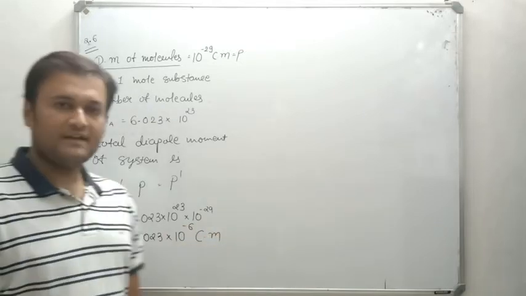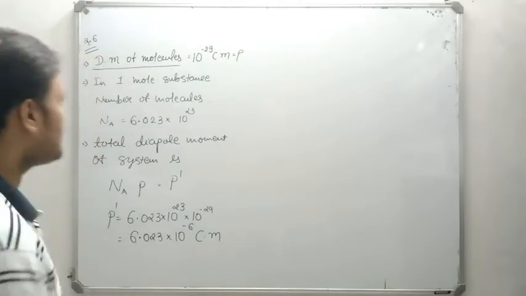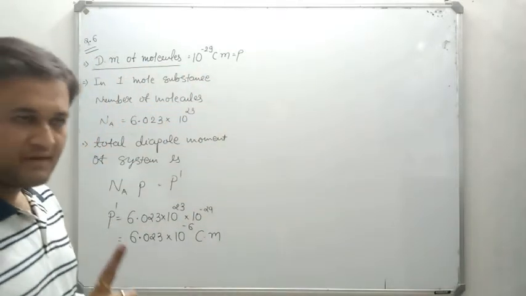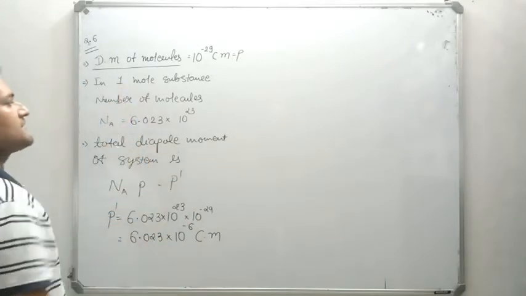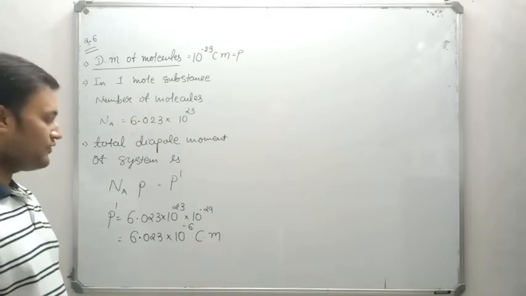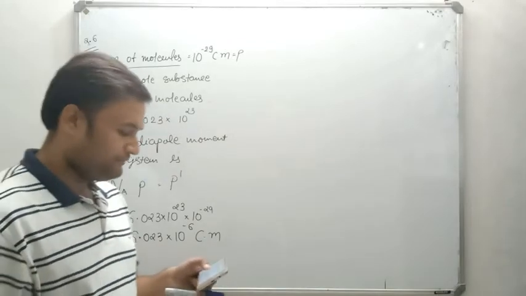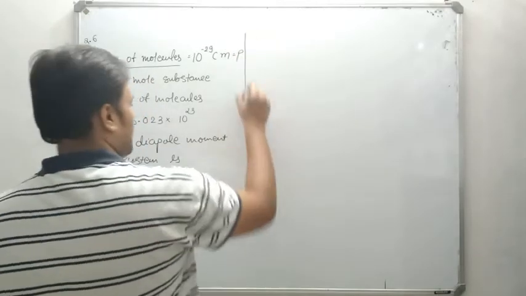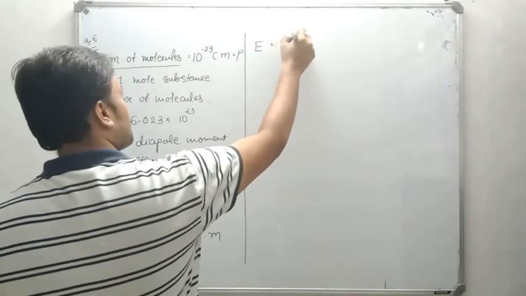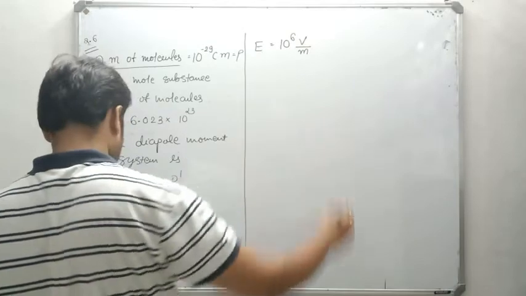We first find the total dipole moment, because this dipole moment is given for 1 molecule, and we know that in 1 mole of substance the number of molecules is 6.023 into 10²³. Now the electric field is given, E is equal to 10⁶ volt per meter.